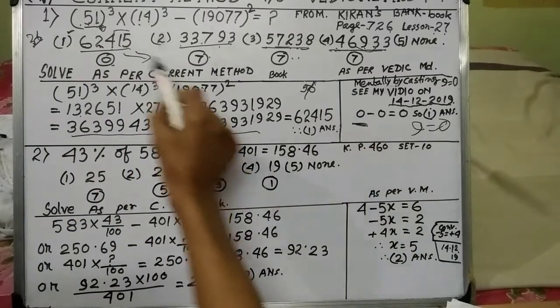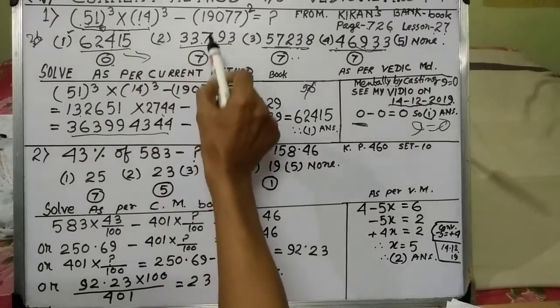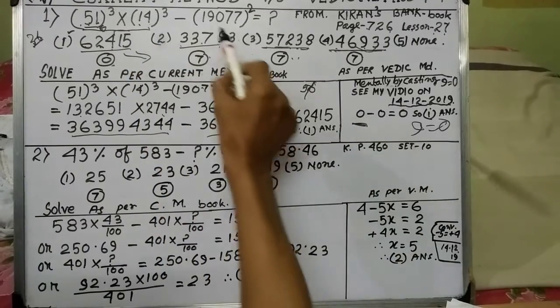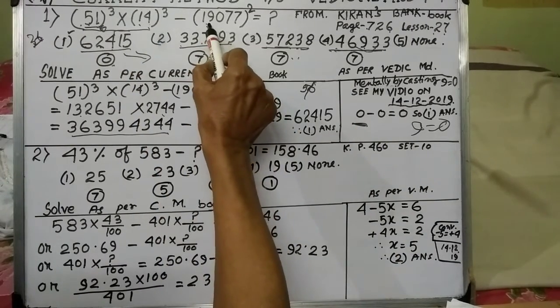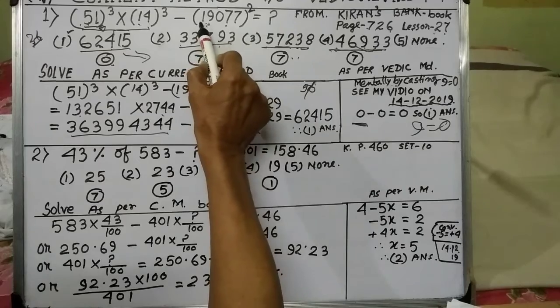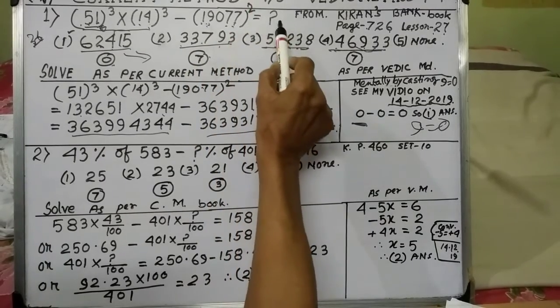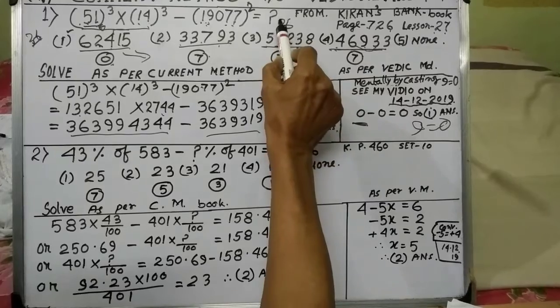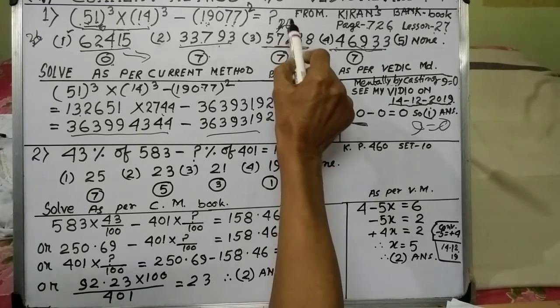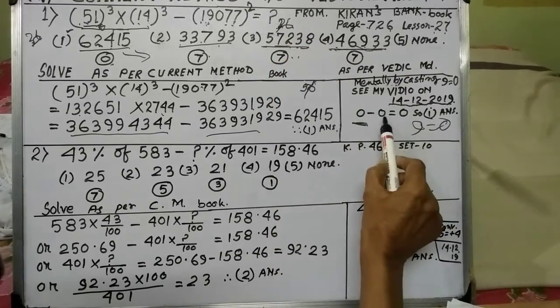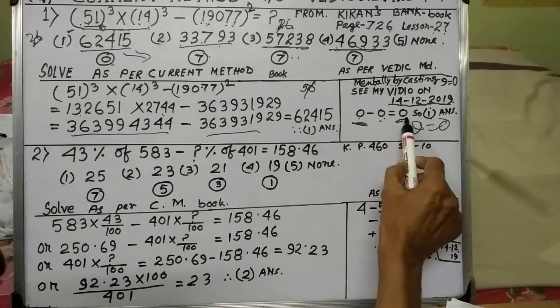And minus this one. The 9 cancel, 7 take 1, 8 take 1 from here, remaining 6. 6 square means 36. 36 means 3 plus 6, 9, that is 0. 0 minus 0 is equal to 0.